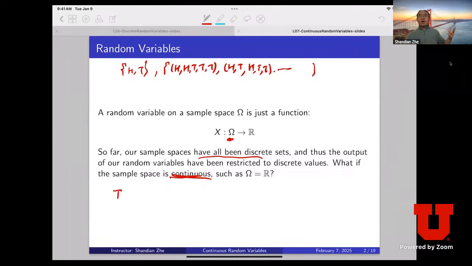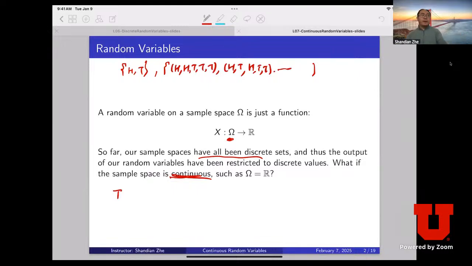No one is going to tell you overall how much the temperature is. You can just measure it from some device, and then you get the reading, and this reading is continuous.